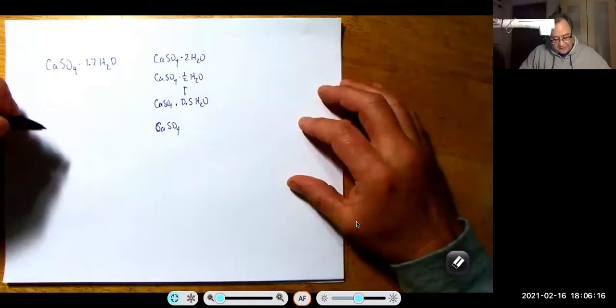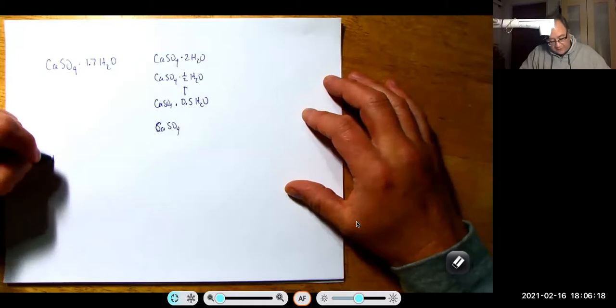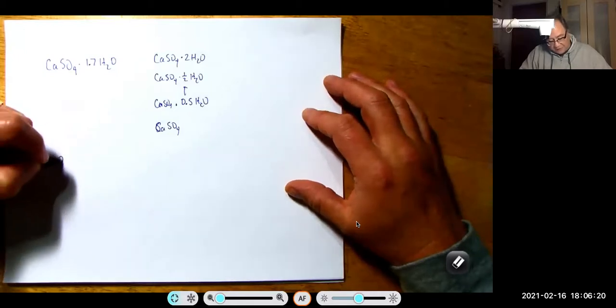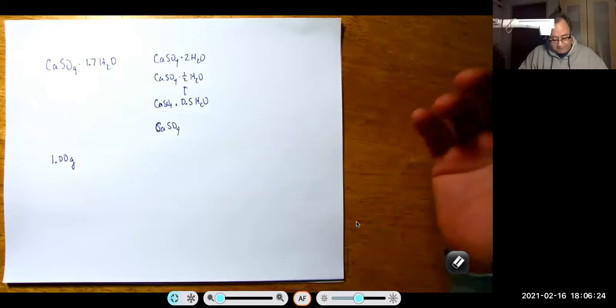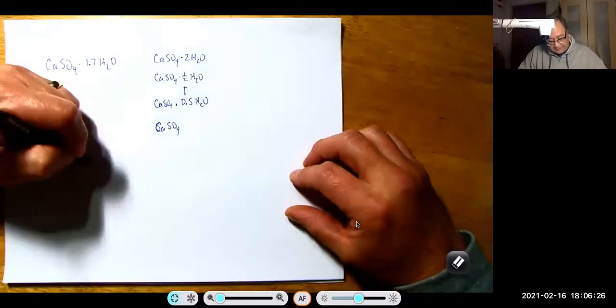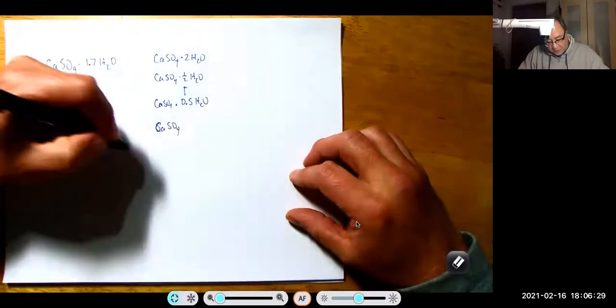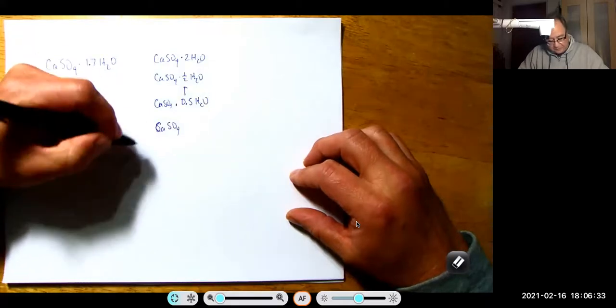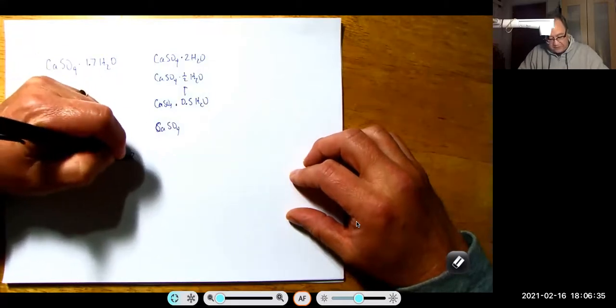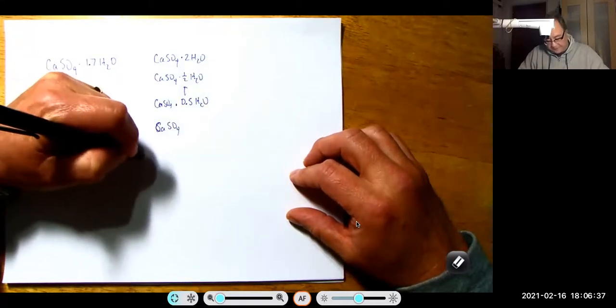Let's say, for instance, you started off with 1 gram, which is pretty hard to do. But let's say you just happen to start with 1 gram and you heated it up, and afterwards there was 0.82 grams.